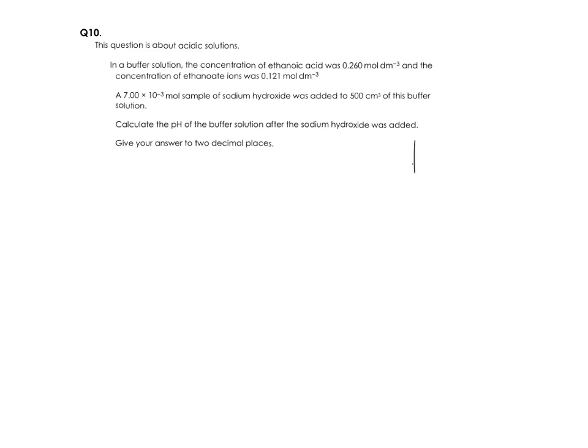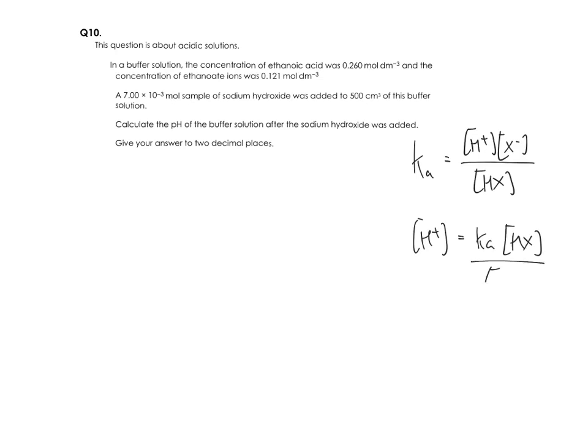What you've got to remember is that for buffer solutions, we're always using this Ka expression, and then when rearranged, like we did in the last question, we get this. So we're always looking for the number of moles of HX and the number of moles of X minus once the reaction has occurred.